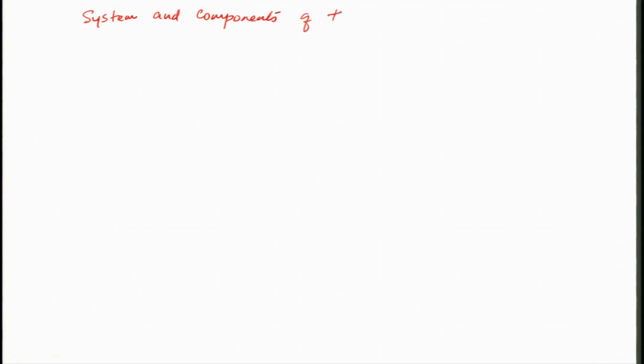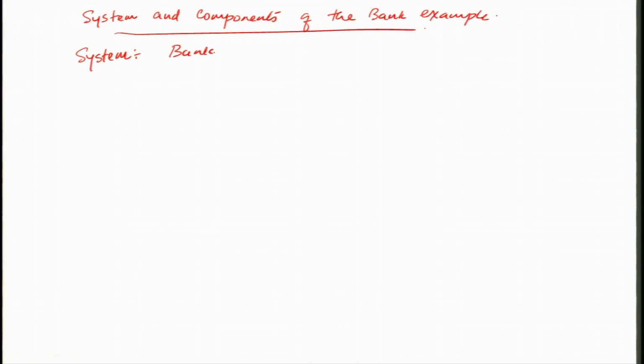Okay. So, with that, now let us take a look into the various systems and components of the bank example. What is the system of study here? It's banking. You are studying the banking system, or more specifically, a particular branch of a bank.